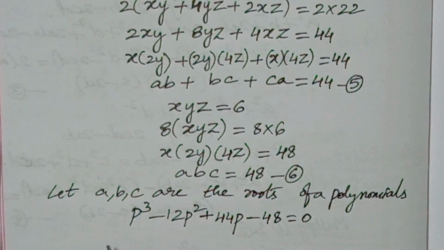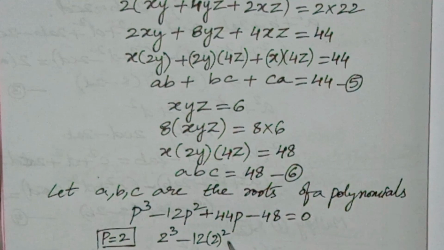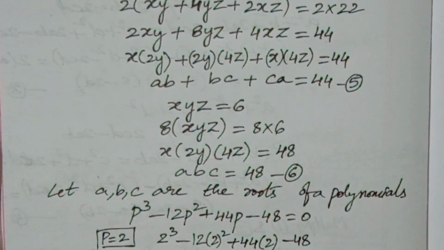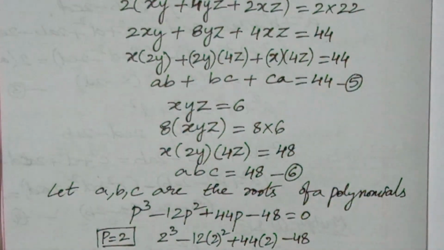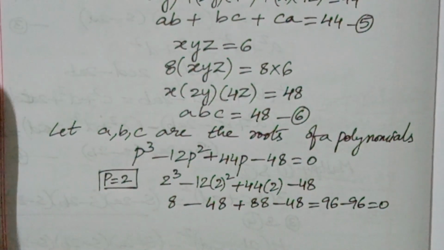By trial and error, if p is equal to 1, it won't satisfy. If p is equal to 2: 2 cubed minus 12 into 2 squared plus 44 into 2 minus 48, you have to get 0. 8 minus 48 plus 88 minus 48, so 96 minus 96, you are getting 0. So how to find the remaining roots?